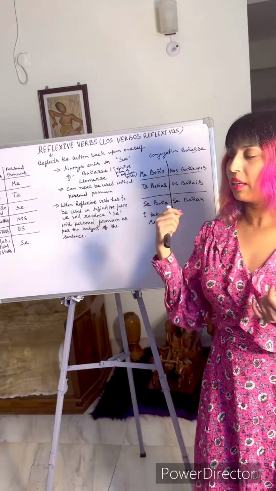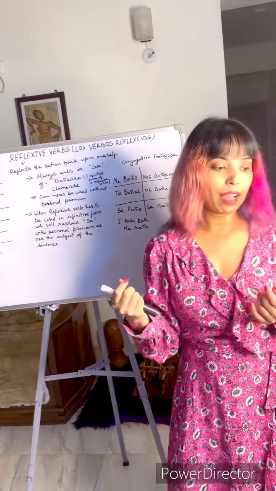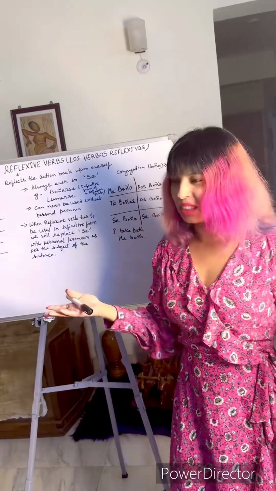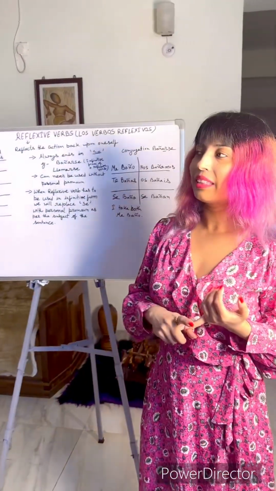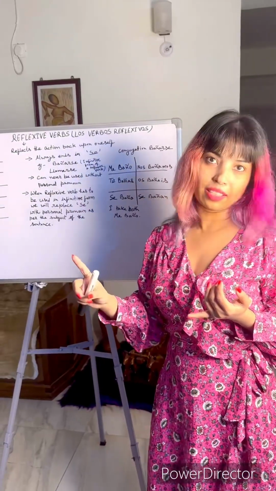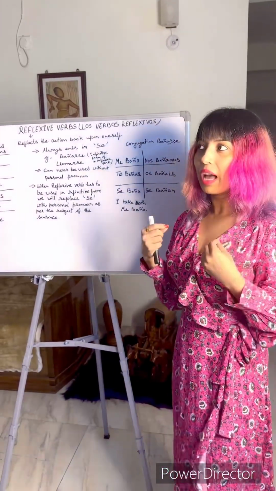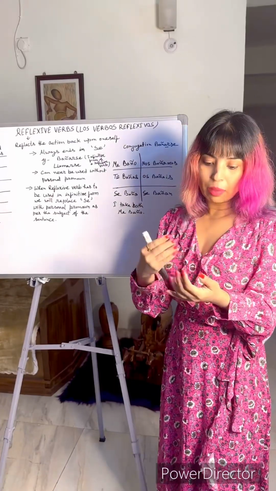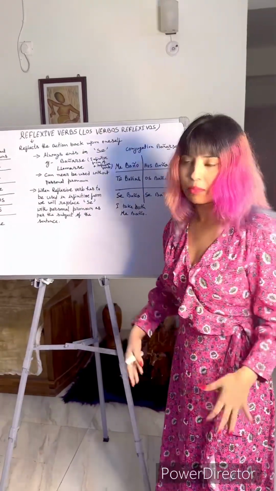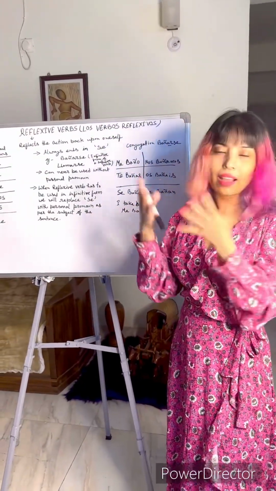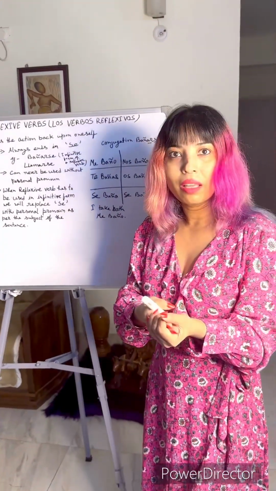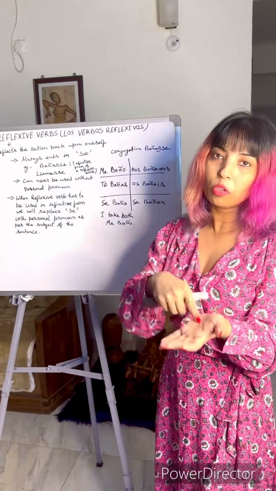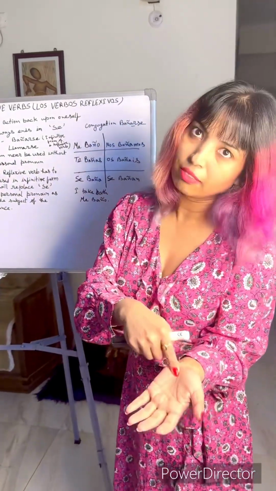If I am washing my car, a bottle, or my clothes, then in that case it is not reflexive. But if I am washing some part of my body, like my hands, my leg, my eyes, anything, then it would be reflexive, because I am the subject and I am doing something to myself.